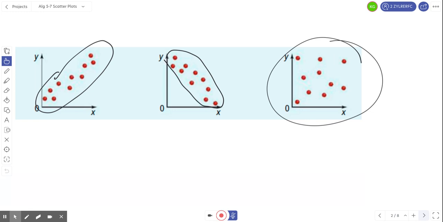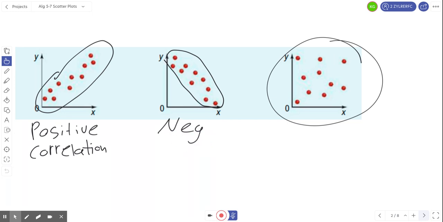If the data is going up, we call this a positive correlation. If the data is going down and it has a negative slope, we call it a negative correlation. And if the data is all over the place, we say there is no correlation.